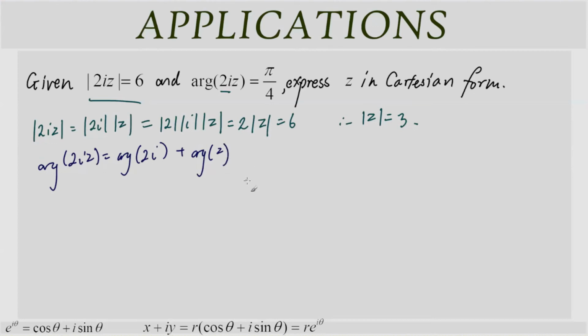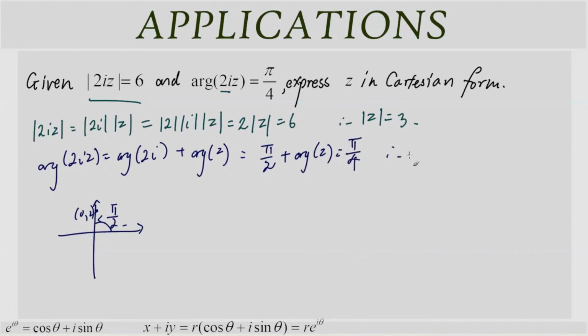The argument behaves like a ln, and what's 2i's argument? Well, i on an Argand diagram is over here, so the argument is equal to 90 degrees, which is pi over 2. And we have pi over 2 plus the argument of z, and that's equal to pi over 4.